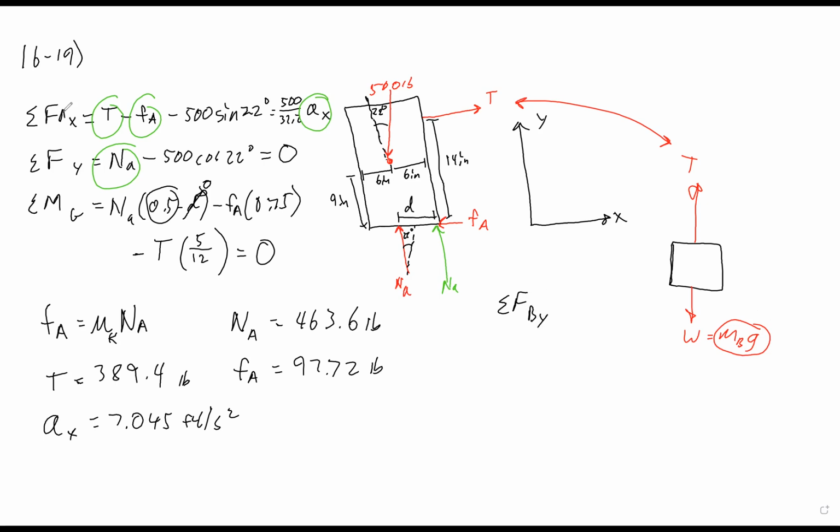Actually, I should specify, there are block A, block A, block A. Now, if we are to write this equation, then we would get that the tension minus the mass of B times 32.2, okay, for the acceleration due to gravity, is equal to the mass of B, again unknown, times the acceleration of B.